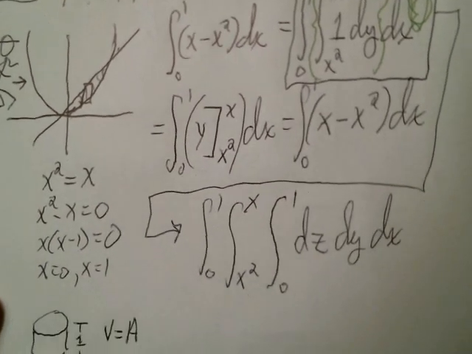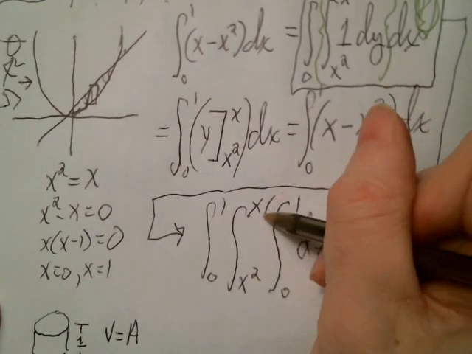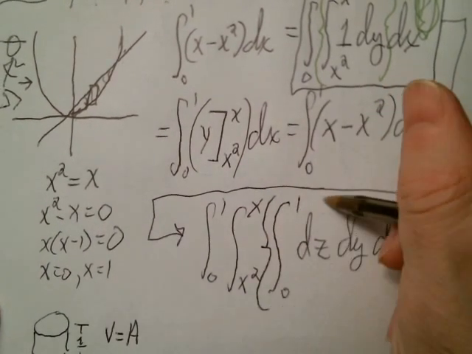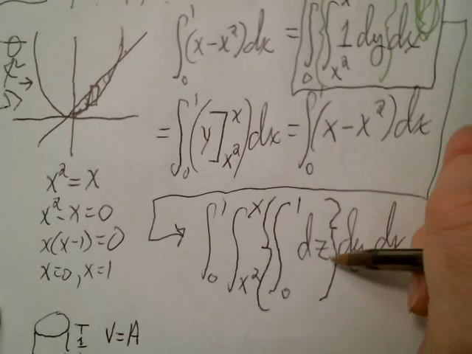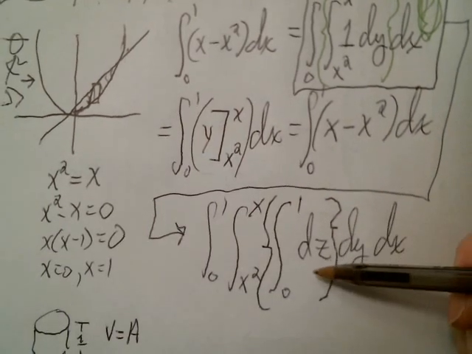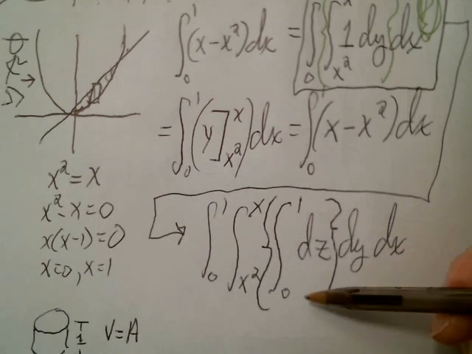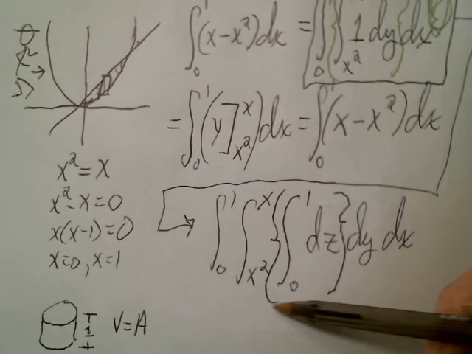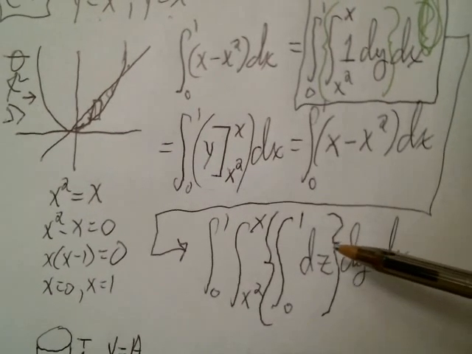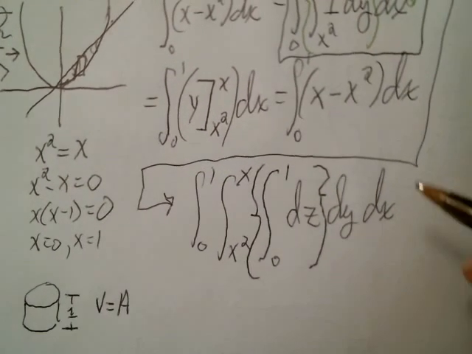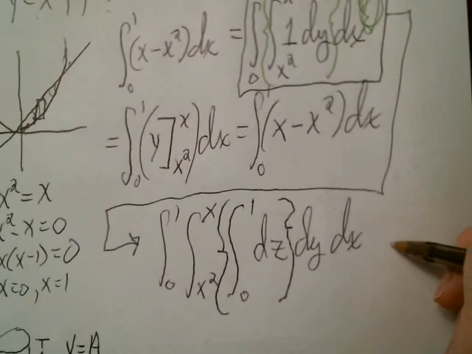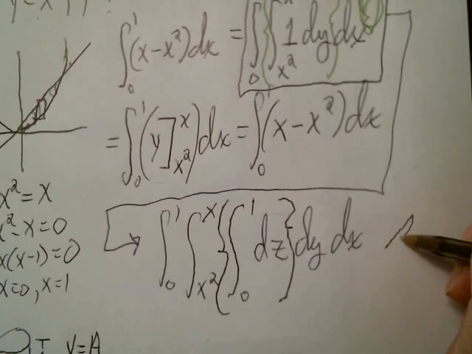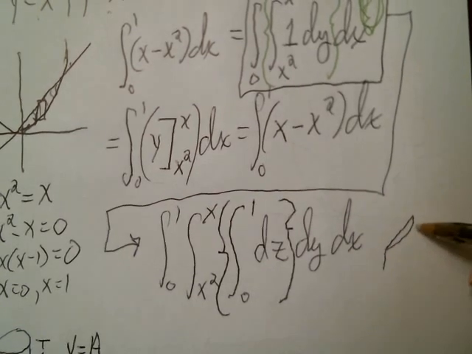If you don't believe me that works, just try on your own to evaluate this thing right here. You would get z, and then z from 0 to 1 would be 1 minus 0, which would put you back here. And what is this thing? Well, it's basically saying that you're finding the volume of this cylindrical thingamajig.